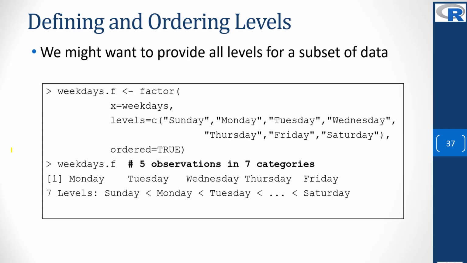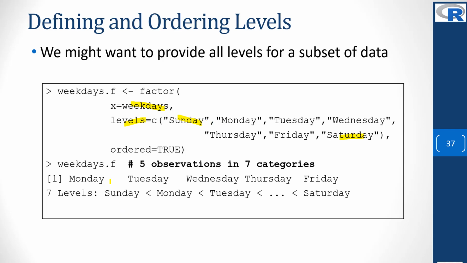In this example, we're using the factor function to provide all the possible levels. We're not going to use just the data that we already have, Monday through Friday, but we're saying there are these other 2 days as well that we want to consider as possible level values. So we're passing Monday through Friday in our weekdays vector, but we're saying you could also have Sunday and Saturday.